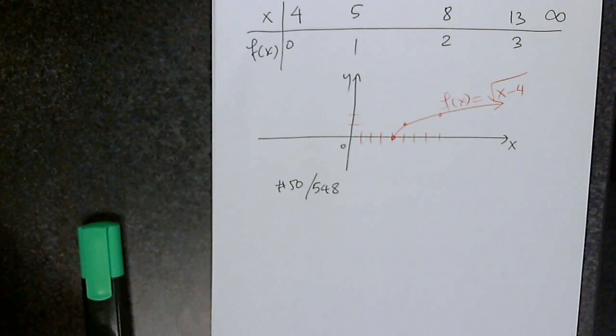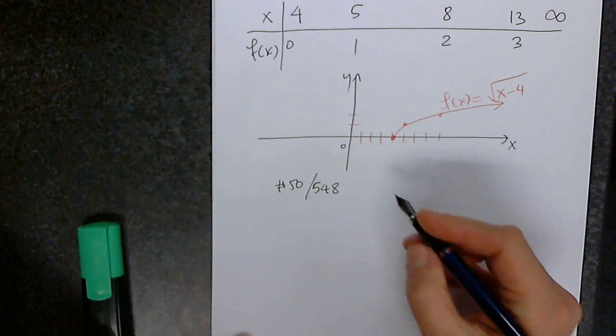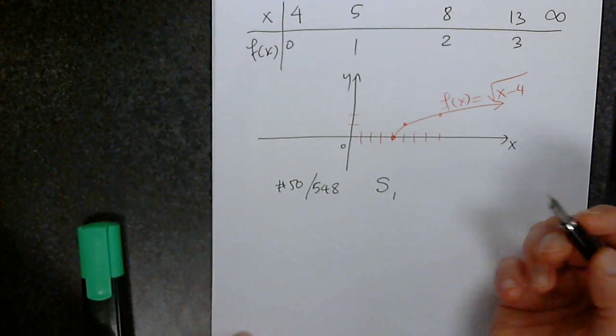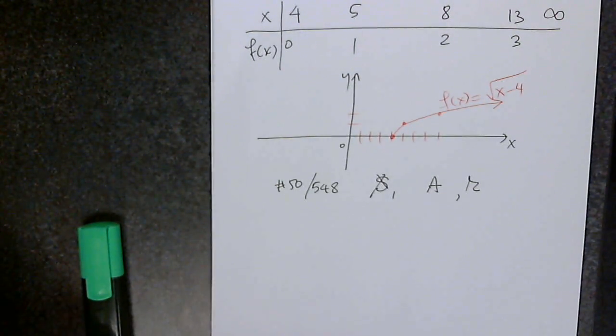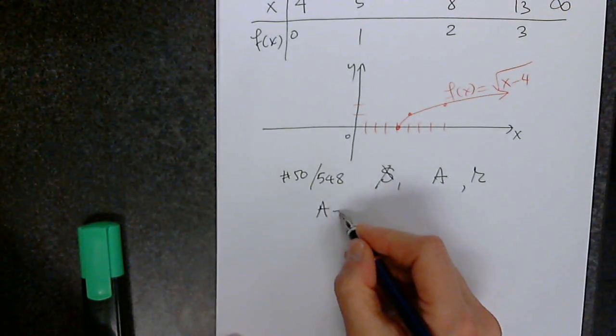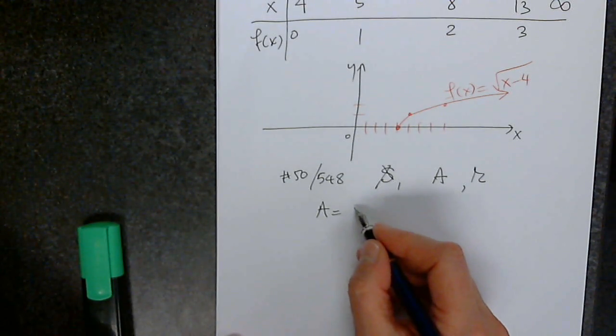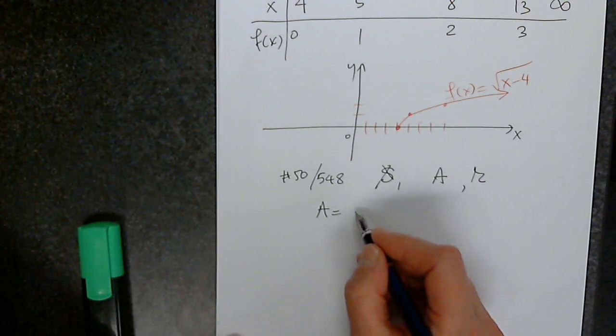K over x. So you're on the right track, but let's use S for the area, or A, and R. So area varies directly as the square of R. So A equals the square root of R.